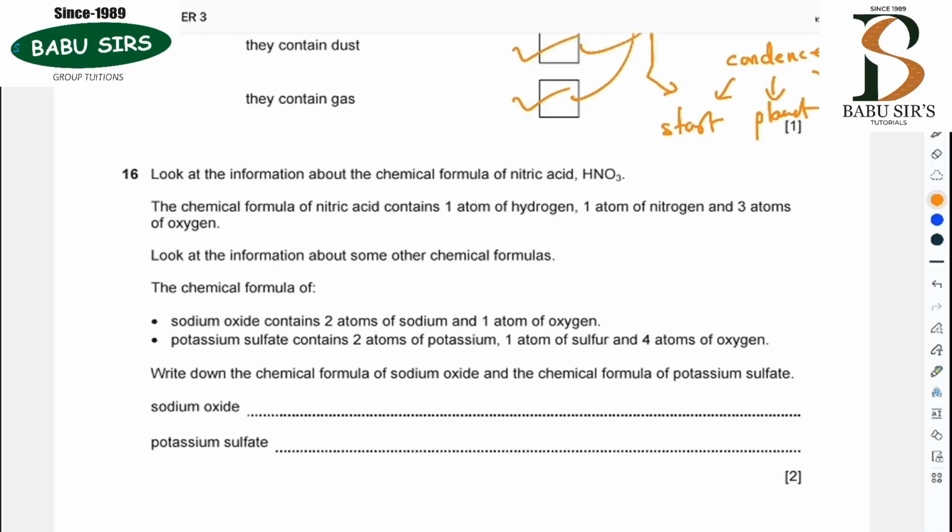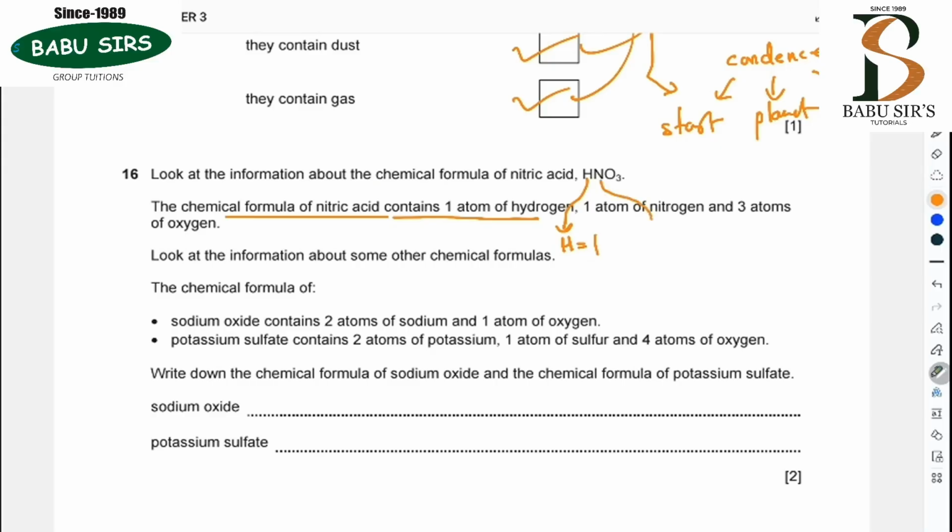Question number 16. Look at this information about the chemical formula of nitric acid. Now when we see this chemical formula of nitric acid, you can see that H is 1. So it contains one atom of hydrogen.